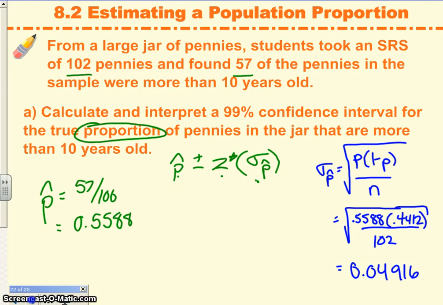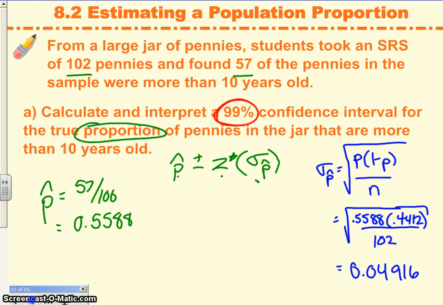The last thing I need is a critical value. So remember, if you are unsure how to calculate critical values, go back over the last couple of examples. But if I want a 99% confidence interval, that means that I'll only have 1% in my tail.